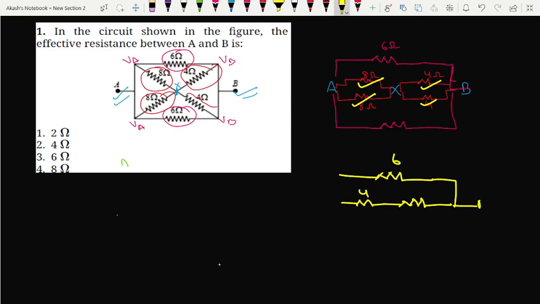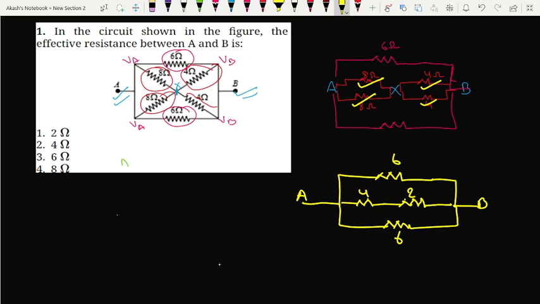This is B and this is A, and now here is a 6 ohm. Sorry, one mistake. Now 2 plus 4 is 6 ohm.